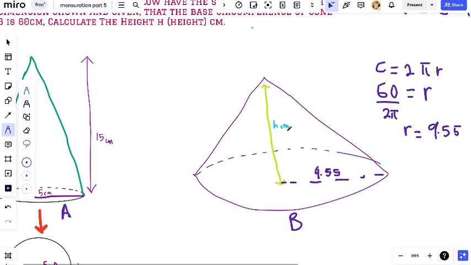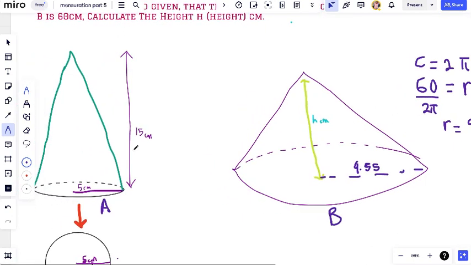We can find the height by first of all calculating the volume of this cone.